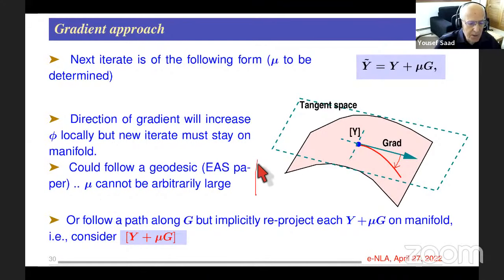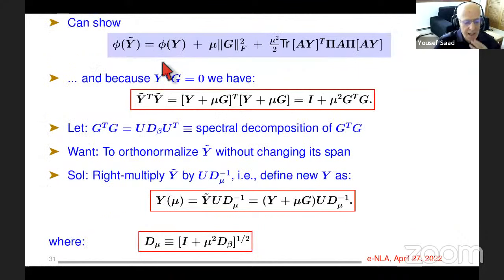In the paper by EAS, they do a geodesic, it's just a little more complicated. So that's what I want to do. I'm going to go in this direction and try to retract, and try to maximize. For me, I want to maximize the trace. So these are some of the details in here.